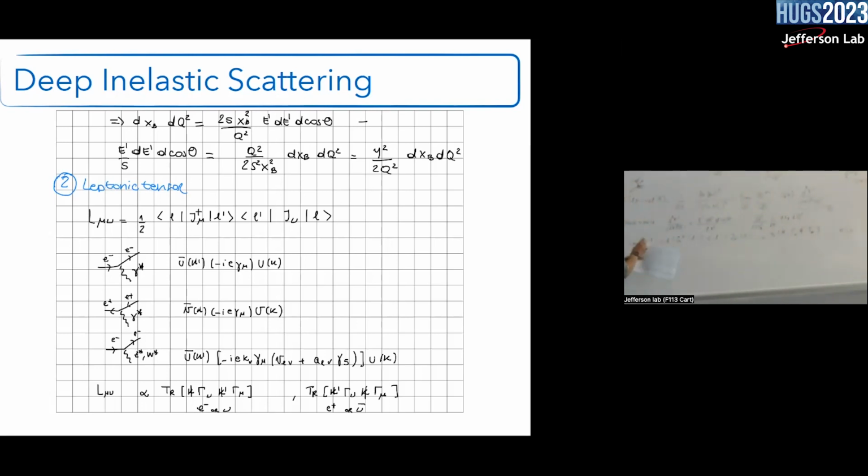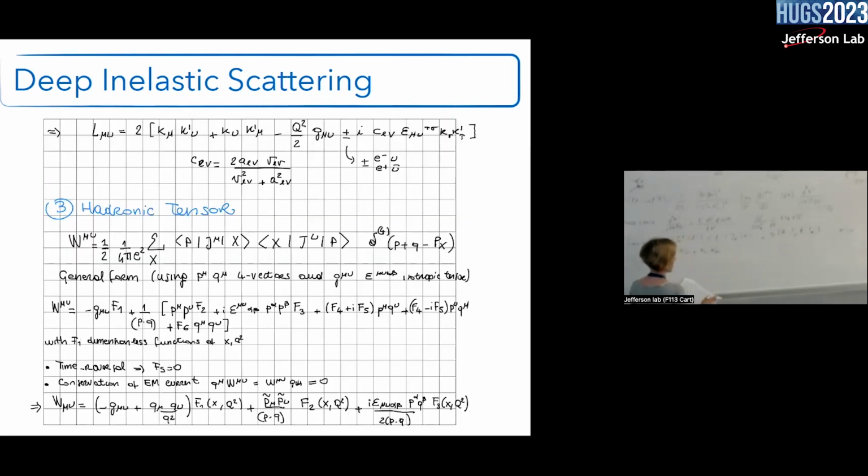Very good. So this one, when you do the trace, becomes equal to 2 times K mu K prime nu plus the two swapped, minus Q squared divided by 2 eta mu nu. I hadn't done a trace for ages, I realized when I did it for this school, so you might get rusty like me.